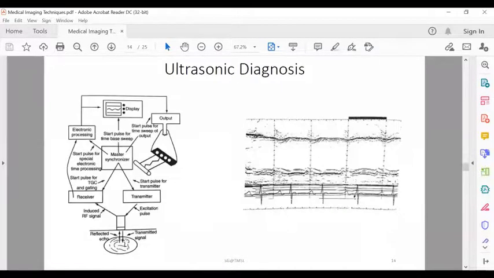Another one available is echoencephalography. Echoencephalography is ultrasonic imaging using the A scan mode of display for determination of the location of the midline of the brain. Here the transducer is held against the side of the head to measure the distance to the midline of the brain.